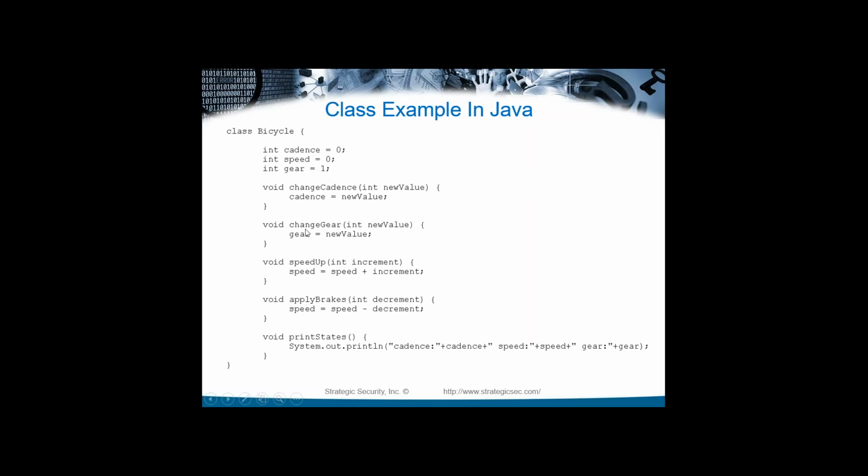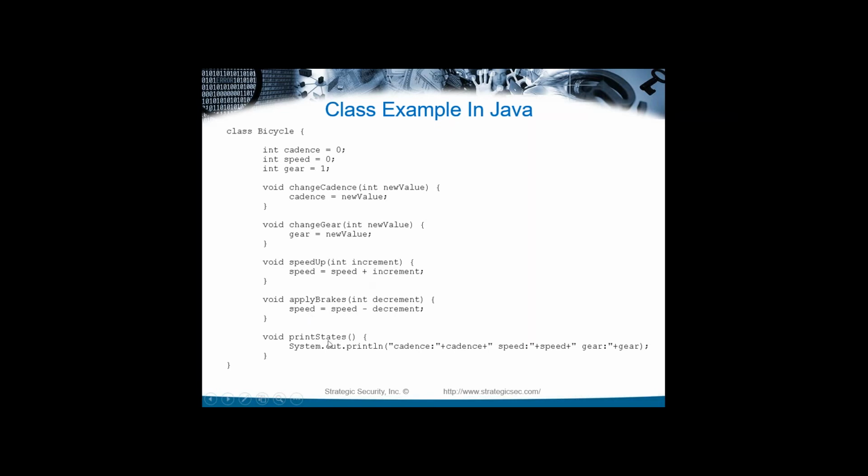Down here, you want this bicycle to be able to change gears. That's something you want it to be able to do. So cadence, you want to be able to give it a value whenever you want. Gear, you want to be able to give it a value whenever you want. Speed up, you're going to take gear and then add numbers to it, increment. Apply brakes, you're going to take speed and decrement numbers from it.